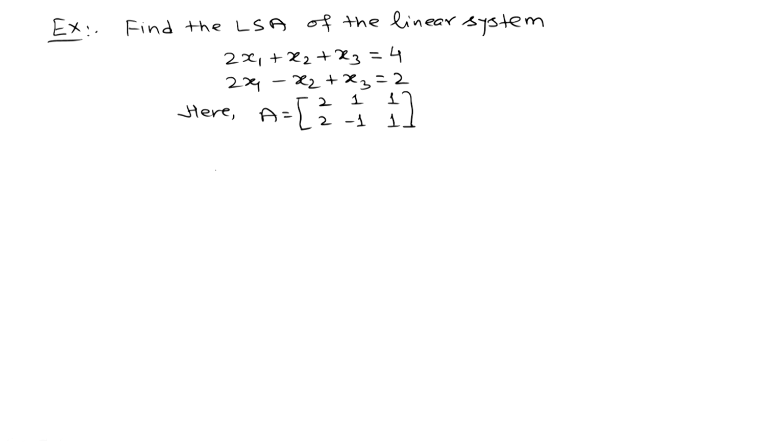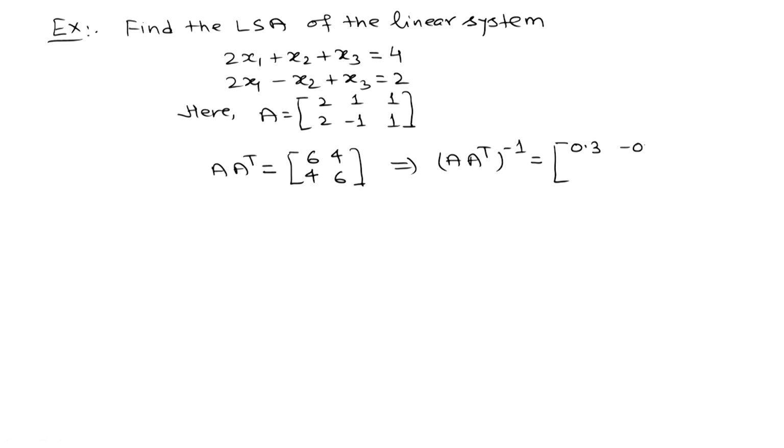Now, A into A transpose will become [6 4; 4 6], which is invertible. So, from here I can calculate (A A transpose) inverse, which comes out to be [0.3 -0.2; -0.2 0.3].